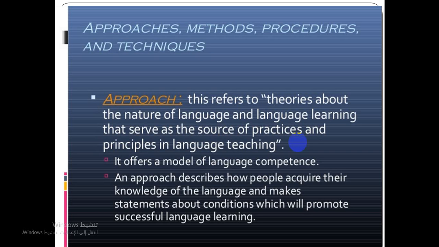For example, one of the assumptions underlying descriptive linguistics is that language is a set of habits. Another example: habit information is acquired by the process of responses, reinforcement, and stimulus. This is the definition of an approach.